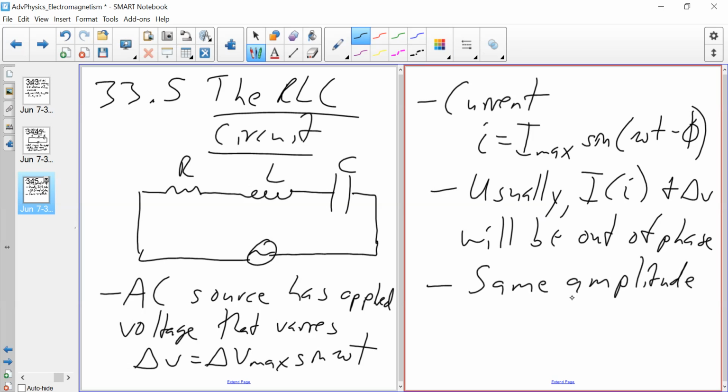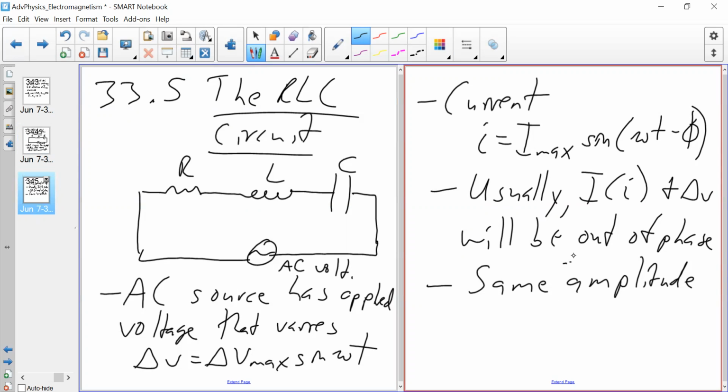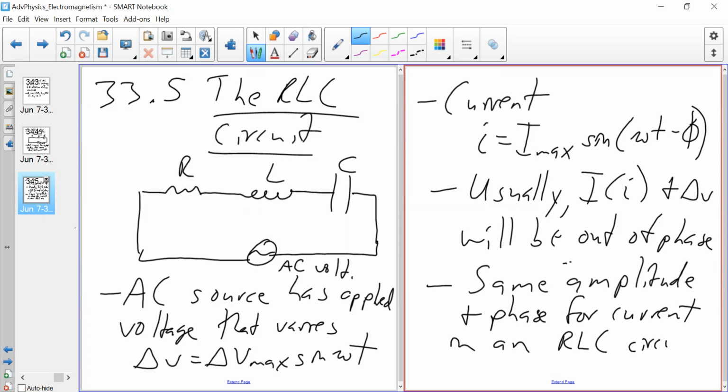So the current is going to be AC. It's not going to be direct because we have an AC voltage source there. And so since these guys are in series, there's going to be the same amplitude and phase for current in an RLC circuit.